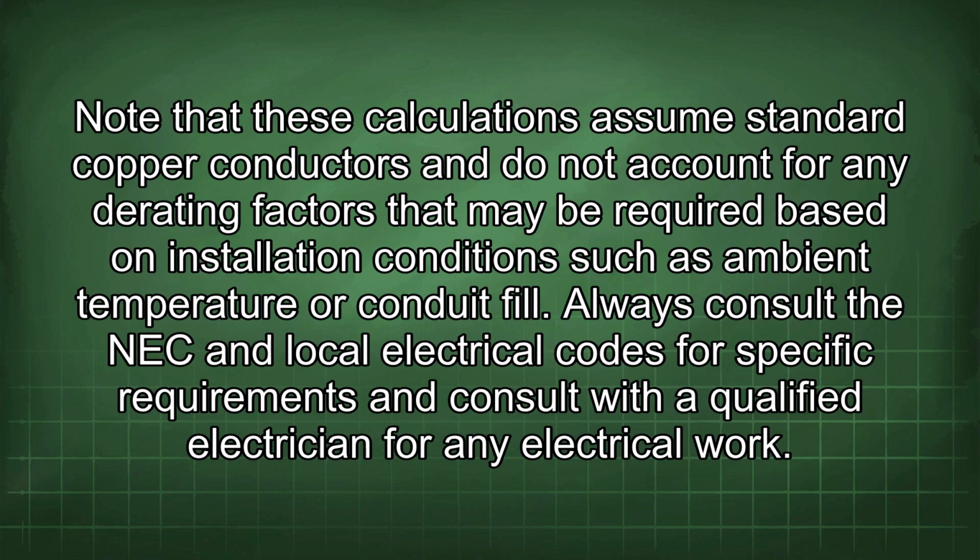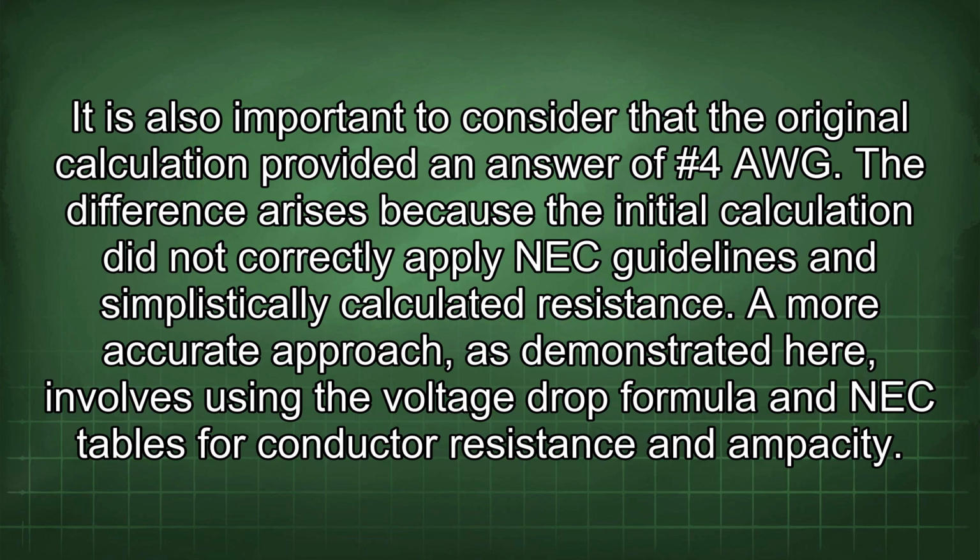Note that these calculations assume standard copper conductors and do not account for any derating factors that may be required based on installation conditions such as ambient temperature or conduit fill. Always consult the NEC and local electrical codes for specific requirements and consult with a qualified electrician for any electrical work. It is also important to consider that the original calculation provided an answer of #4 AWG.